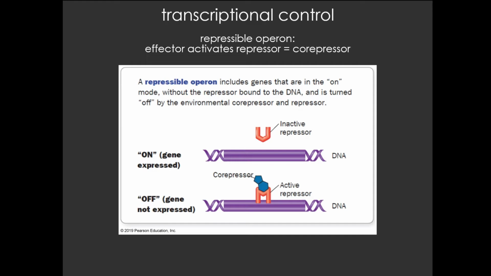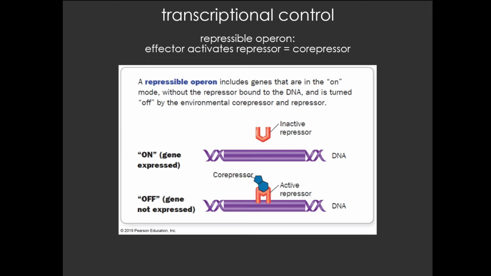It is inactive. It actually requires something to bind to the allosteric site in order to turn on the repressor. Because the repressor is off, the operon itself is always being transcribed and translated. The effector molecule, the molecule that comes into the system and affects whether or not the operon is being transcribed and translated, will do the exact opposite of the effector of an inducible operon.